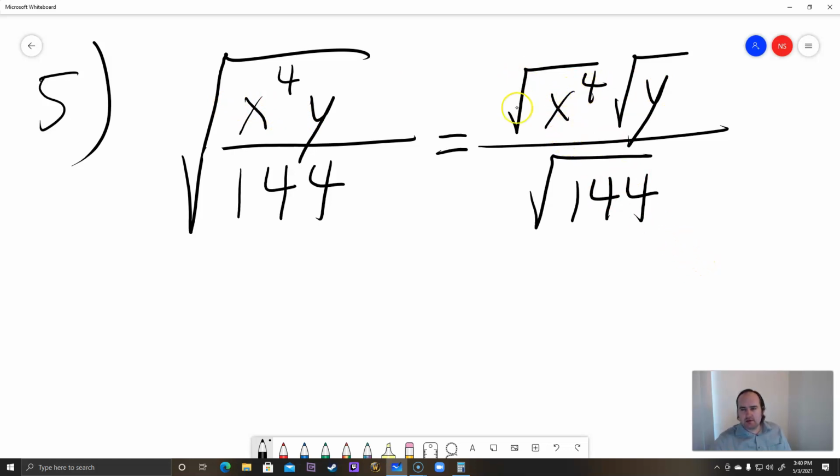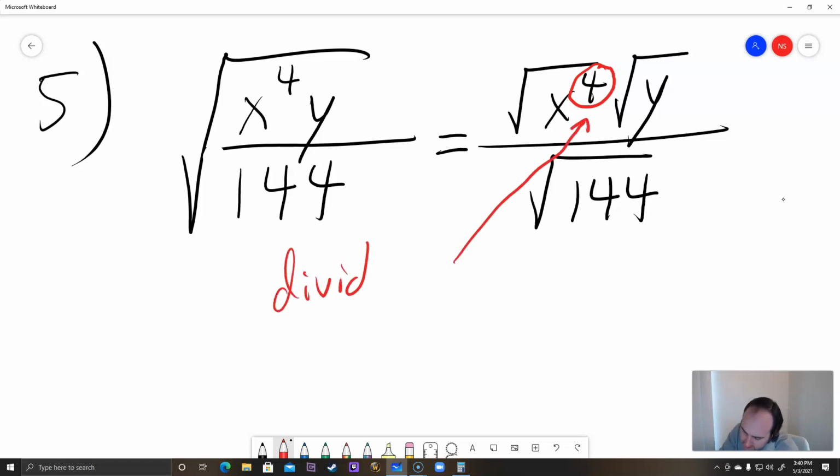And then I'll tell you a little trick about square roots. If you have the square root of an exponent, you actually just end up dividing by 2. Okay, so for this 4th power here, because it's raised to the 4th power, and then we're taking the square root, we're basically just going to be dividing the exponent by 2.